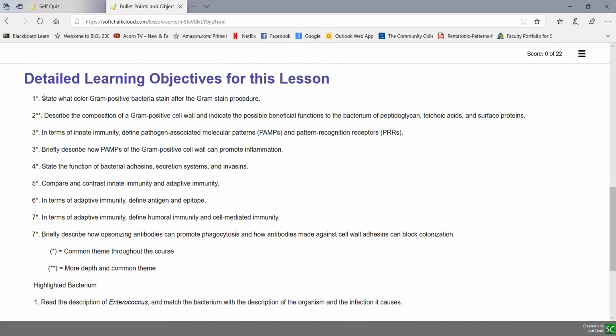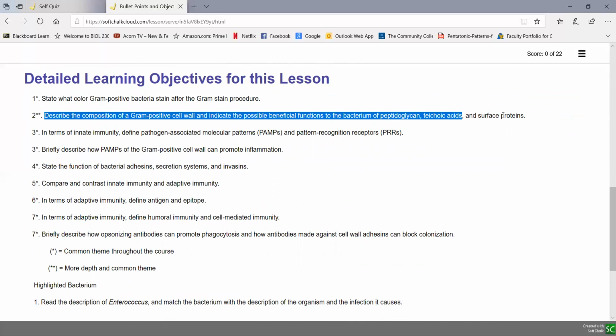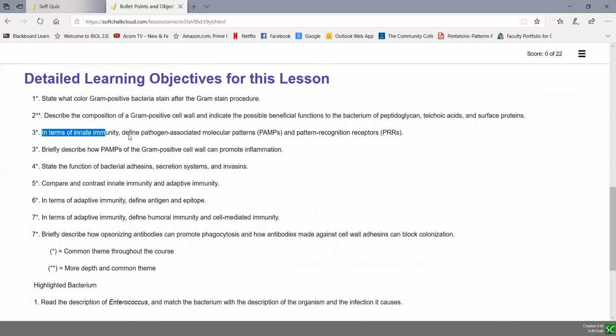You should be able to state what color gram-positive bacteria stain after the gram stain procedure. Describe the composition of a gram-positive cell wall and indicate the possible beneficial functions of the peptidoglycan, teichoic acids, and surface proteins. In terms of innate immunity, define pathogen-associated molecular pattern as well as pattern recognition receptor.